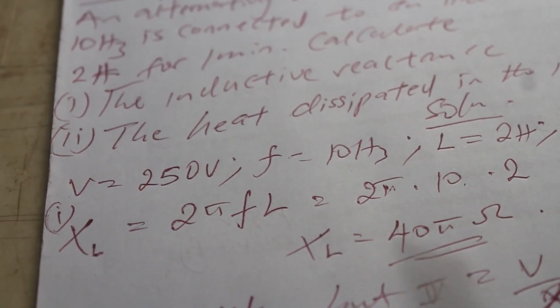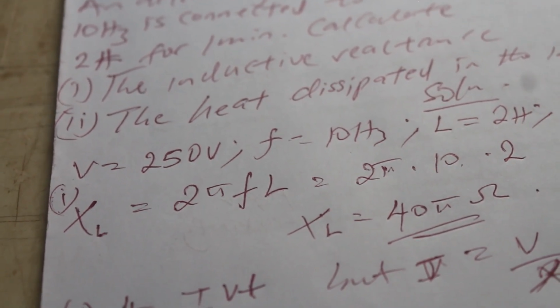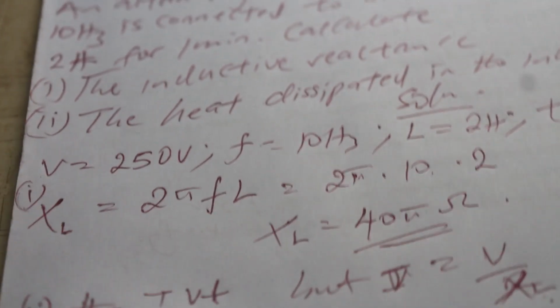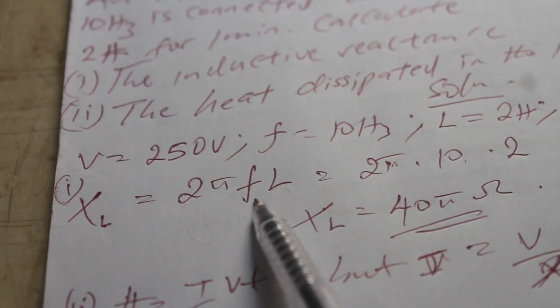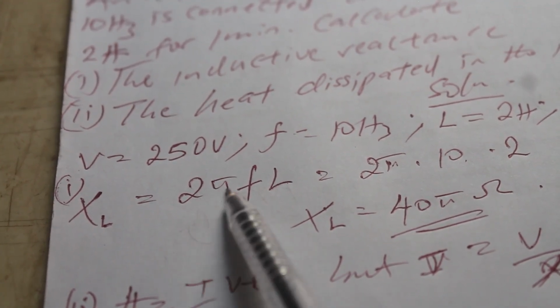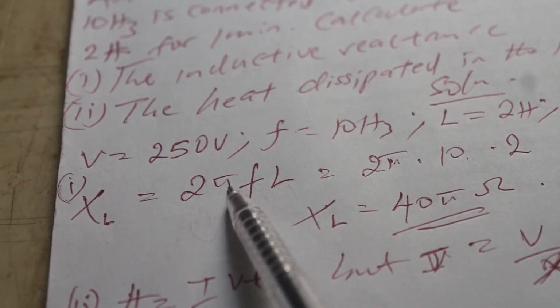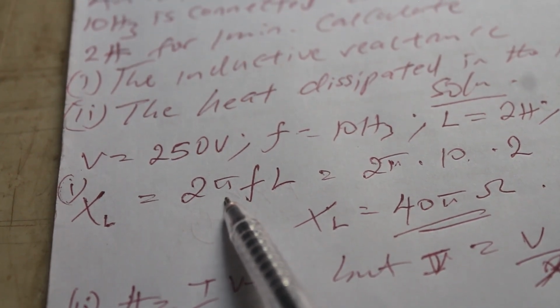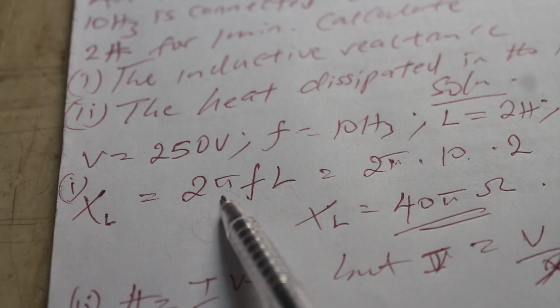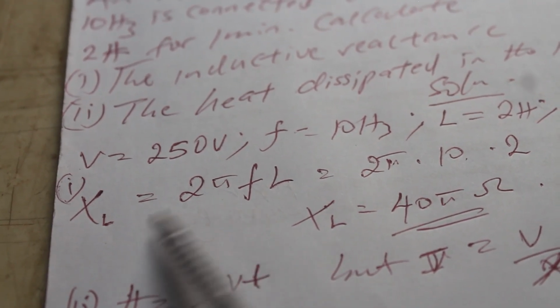So here we have all the things given to us in the question except inductive reactance and the heat dissipated. So from here we know the inductive reactance is given as 2 pi FL, that's the formula. Now these two are constant. It's more like the slope of the graph, if you're to plot all this.